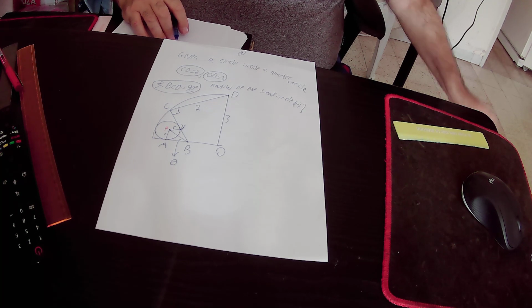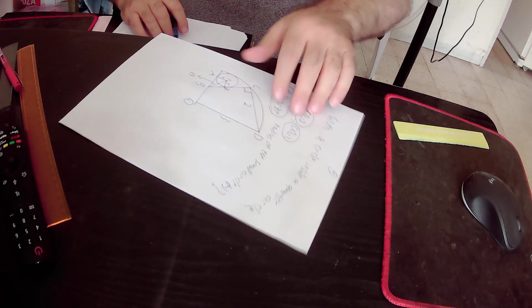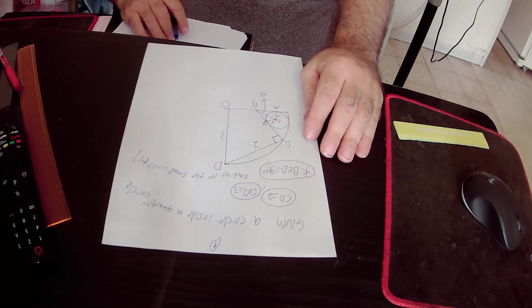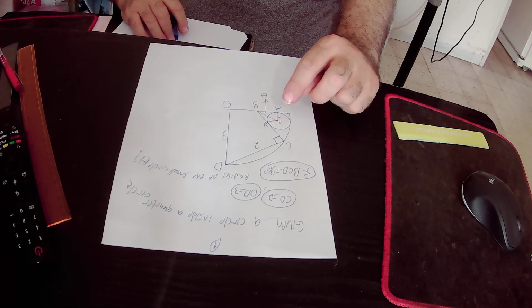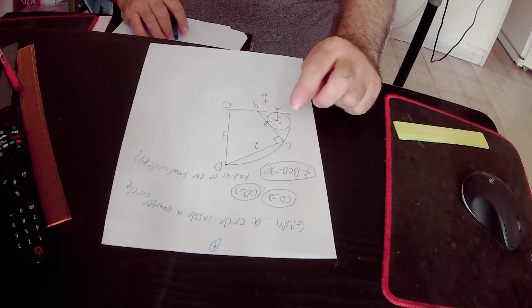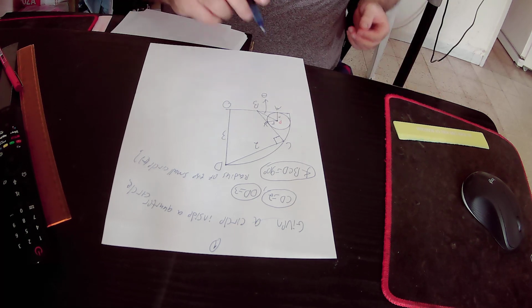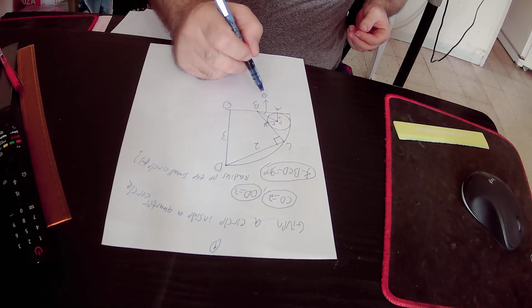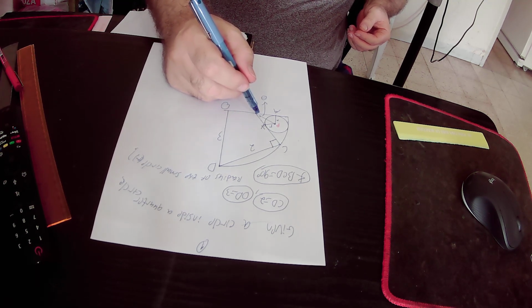Okay, so from the fact that triangle ABP is congruent to triangle PBX, we can derive that angle ABP, which is equal to theta, equals angle PBX.